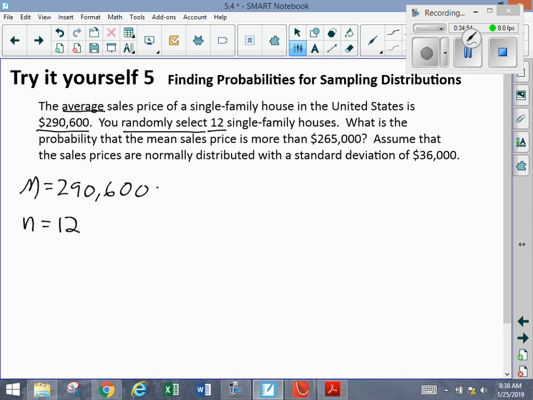What is the probability that the mean sales price is more than 265,600? We're going to assume that it's normally distributed, and ooh, there's my last bit of information I need, a standard deviation of 36,000.